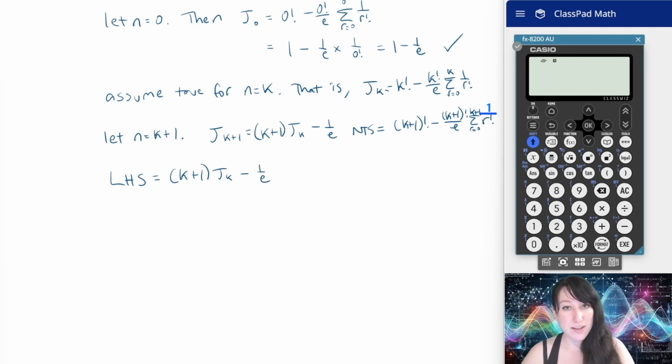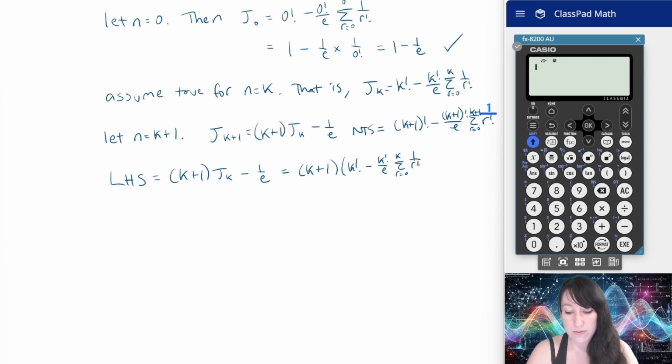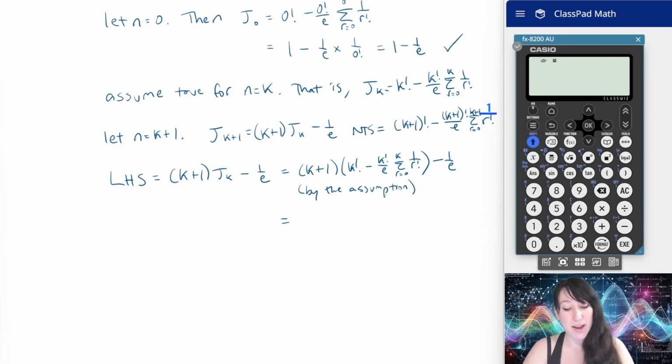And let's bring in our assumption. By our assumption, this would be k plus 1 times k factorial minus k factorial over e times the sum from r equals 0 to k of 1 over r factorial, minus 1 over e. Well, let's see what happens if we expand the bracket.